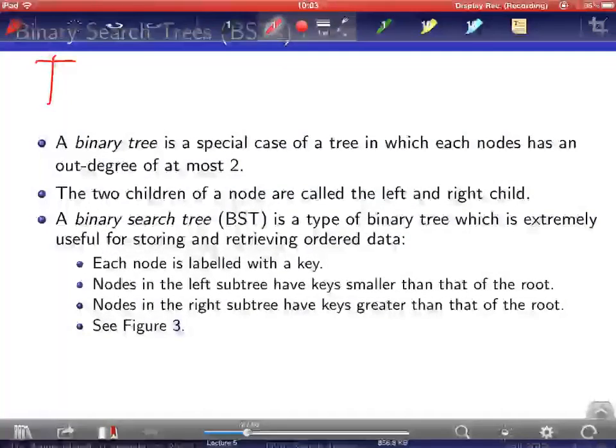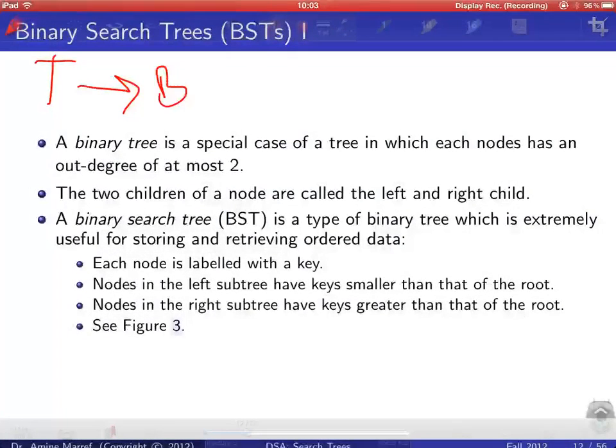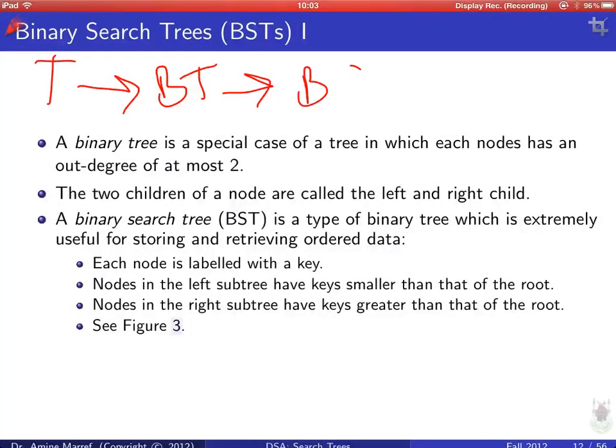All the keys in the left subtree are smaller than 7, and all the keys in the right subtree are larger than 7. And then we look at this node here. What is the subtree of this node? The node 4, what is the left subtree of node 4?